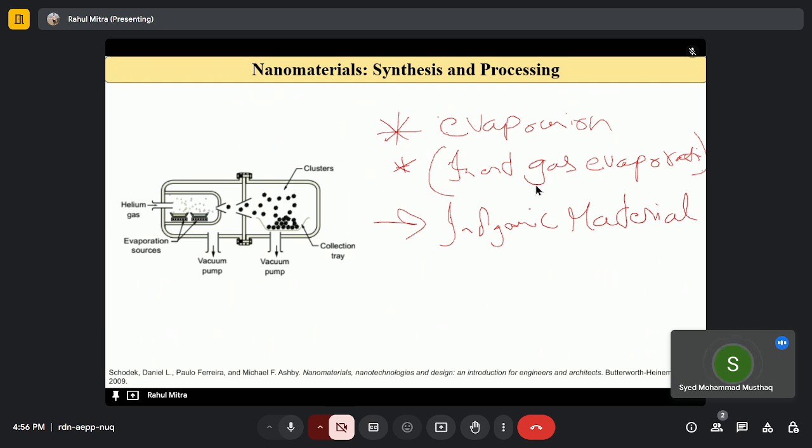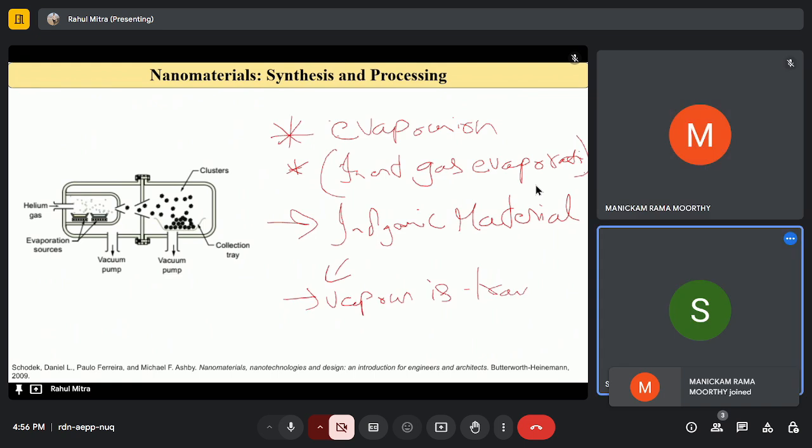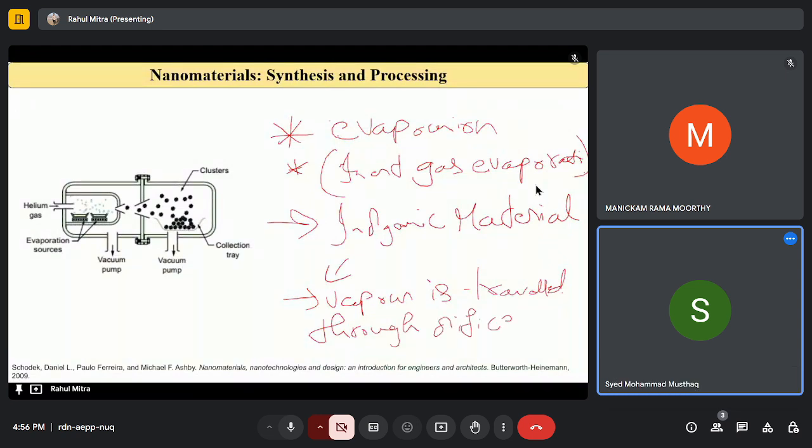We first heat the inorganic material, then we have a vapor. This vapor travels through an orifice, and this is my orifice, or I can say it is a small gap through which I am passing my vapor, the inorganic vapor.